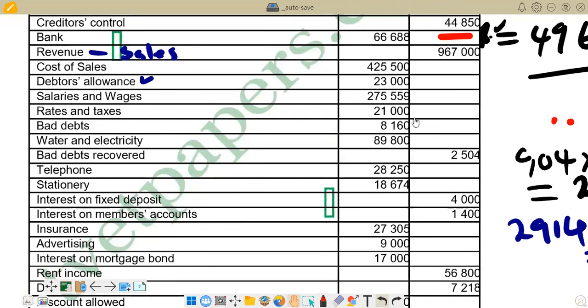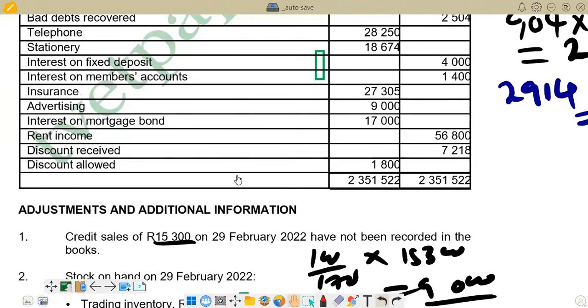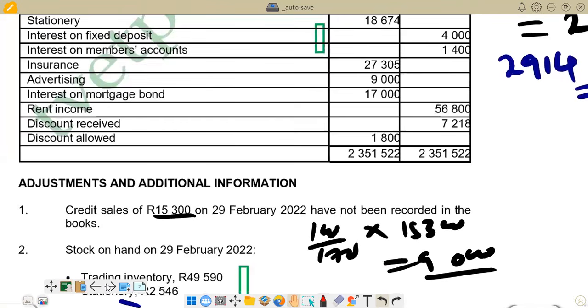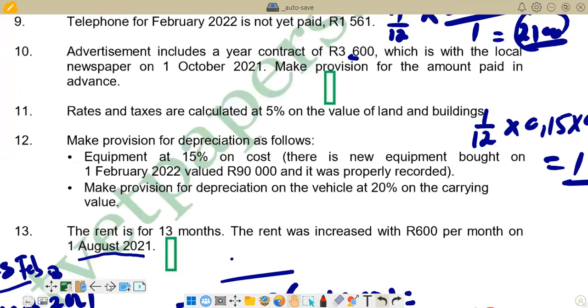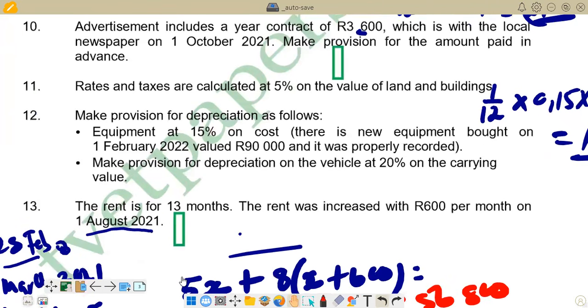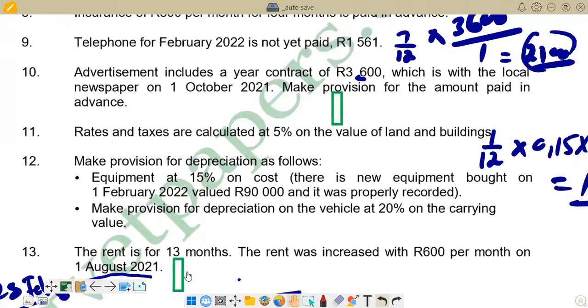This one, 4,000, and then we also have 1,400. Also, we can check if we've got anything to do with interest on fixed deposits in the additional information.